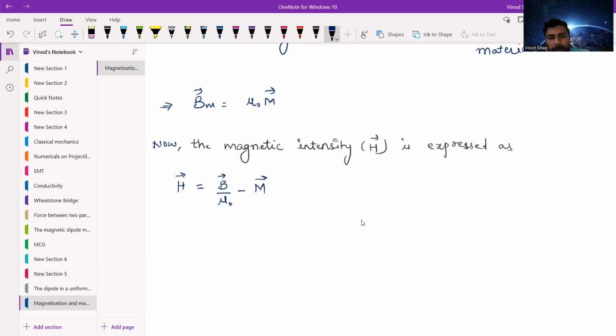So this will be the expression for magnetic intensity. We have one other variable, magnetic intensity, described by H vector equals B vector upon mu naught minus M vector.